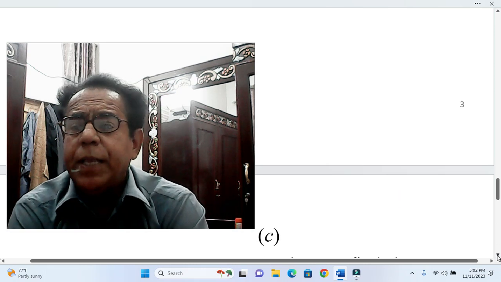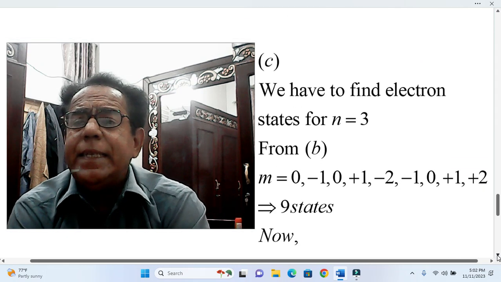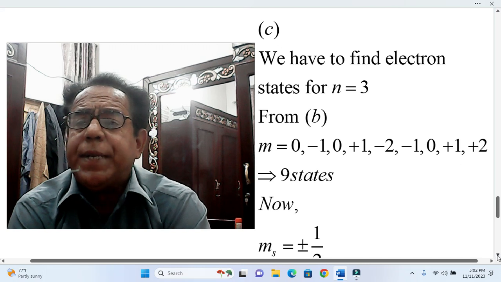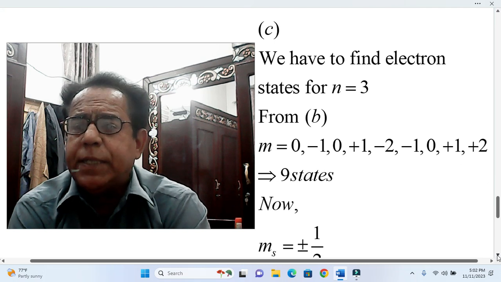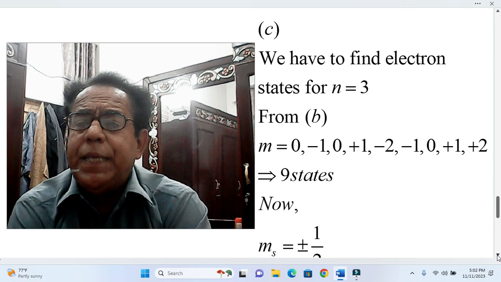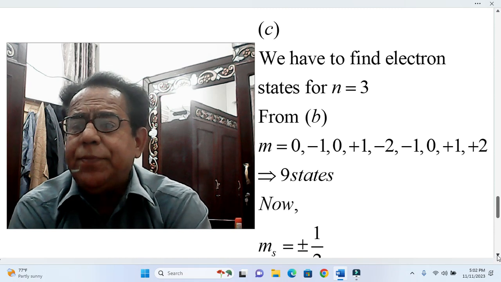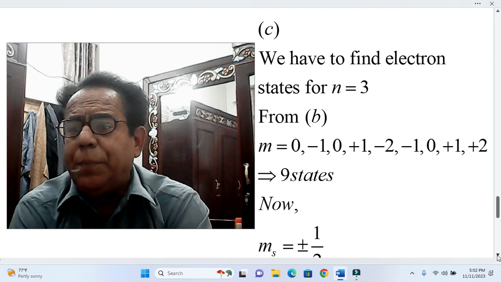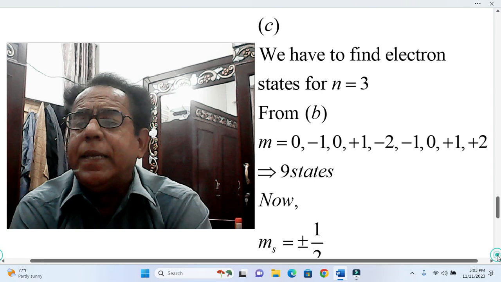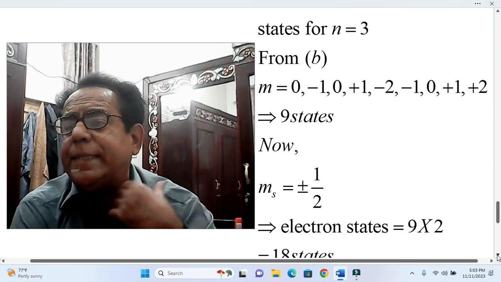Part C, we have to find electron states for n equal to 3. From part B, m has these 9 states: 0, minus 1, 0, plus 1, minus 2, minus 1, 0, plus 1, plus 2. We have described these 9 states in the previous step.